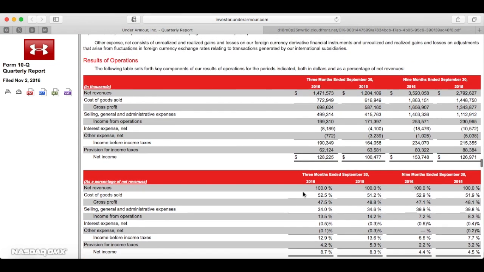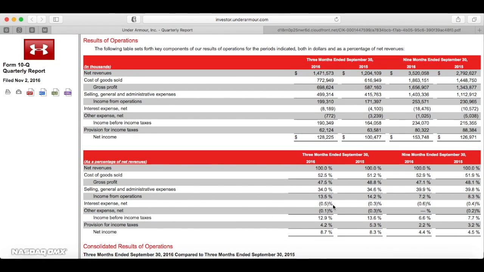Now this is cool. I will say this is cool. I don't always see this. I think I see this a lot, but not always on every company is this clearly shown. So they're showing you this percent. I think the line you really want to look at is these expense lines typically. So you notice that Under Armour's expenses have stayed fairly consistent over the last couple months.